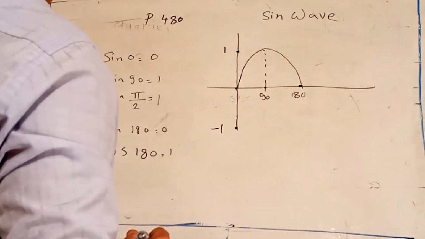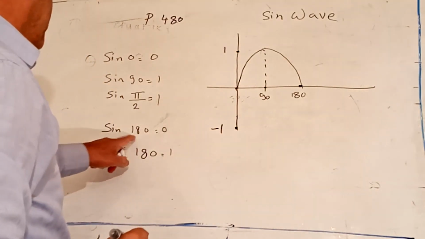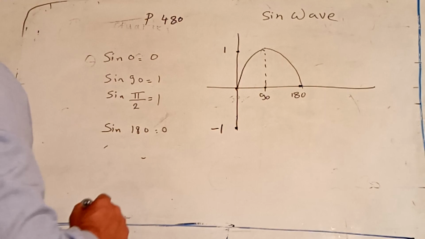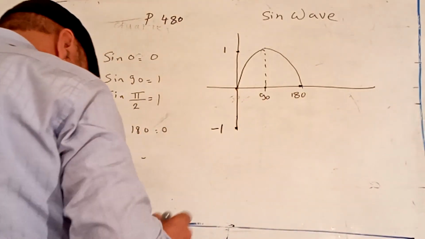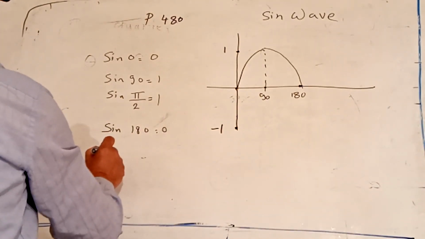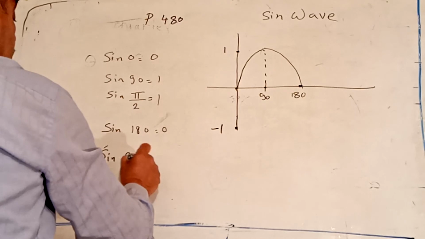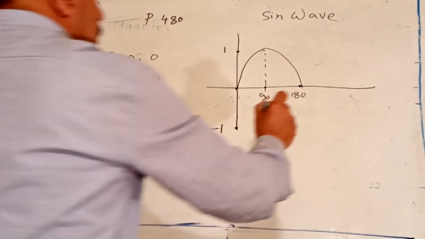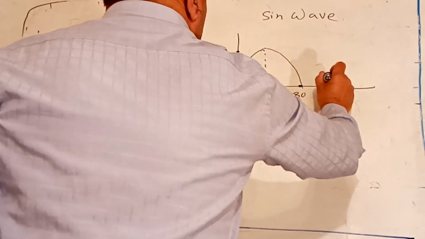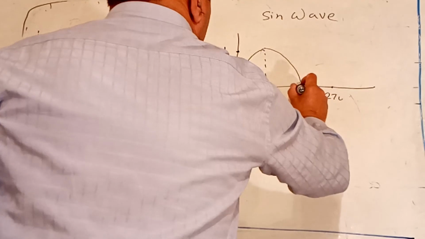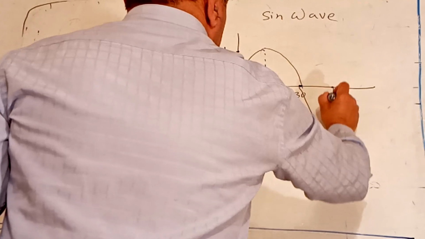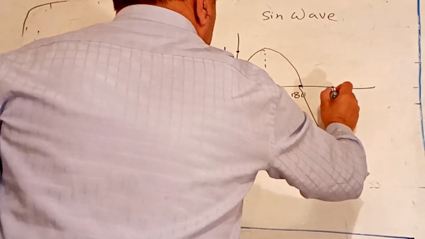We are talking about the sine, we don't care about the cosine. Now, at 180, it's 0. But at 270, sine 270 equals minus 1. Just take a look at the previous page. So let's say this is 270. We'll go like this. This is 270.